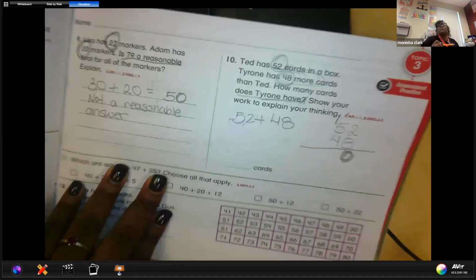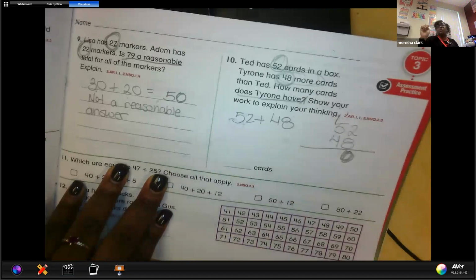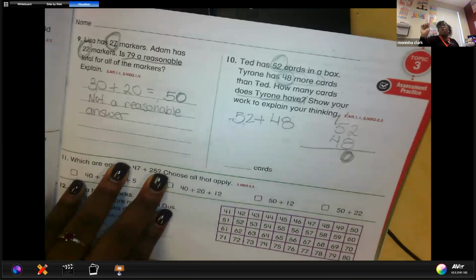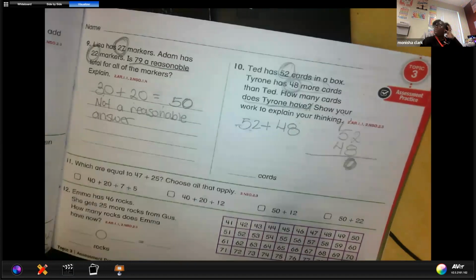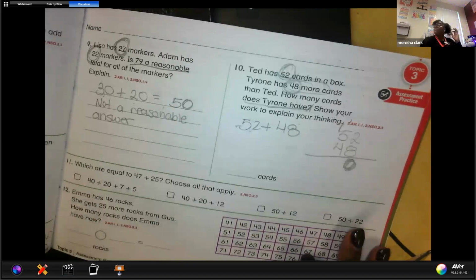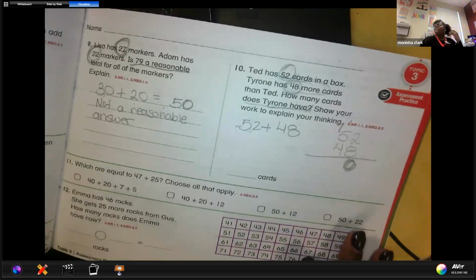So that means 0, 1, 2, 3, 4, 5, 6, 7, 8, and 9. Yes, Lily. A digit is a number between 0 and 9.